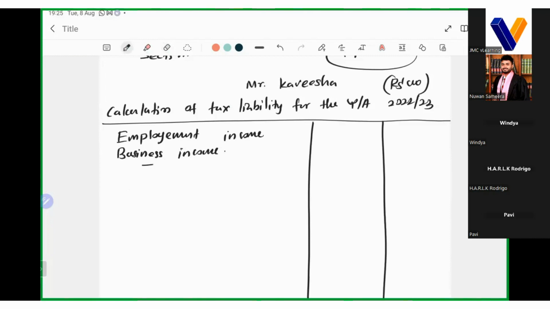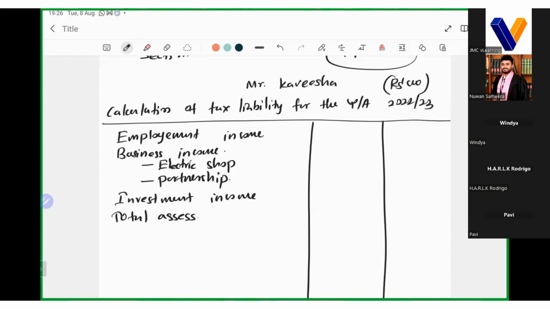There were two businesses: electric shop and partnership. Then all together we can tell as total assessable income.